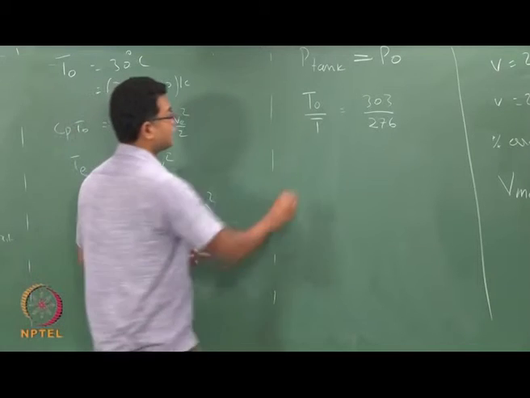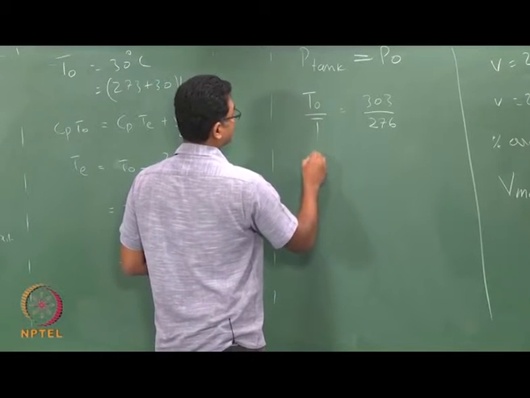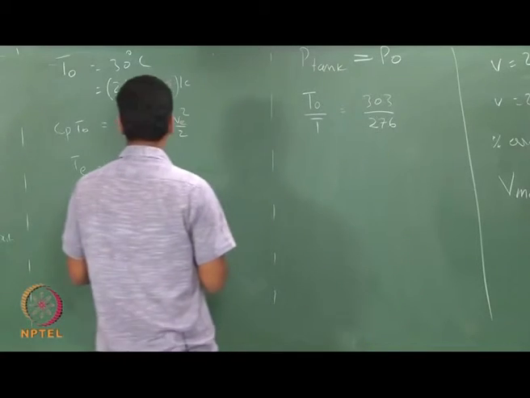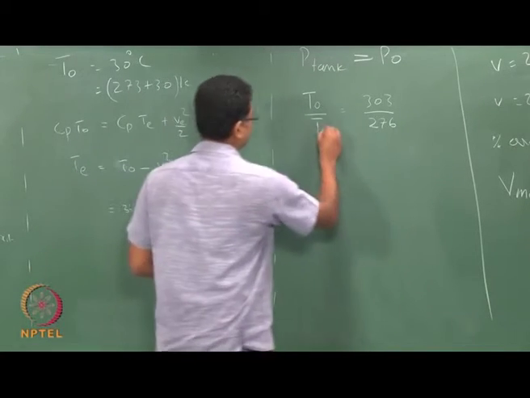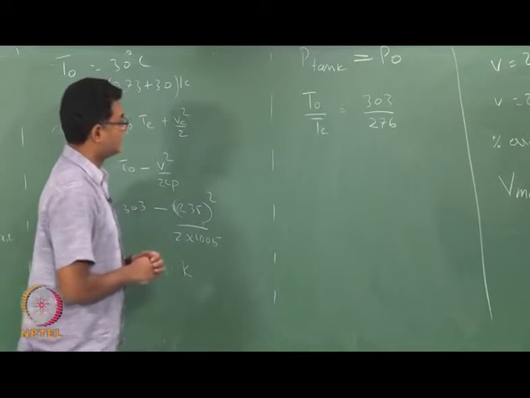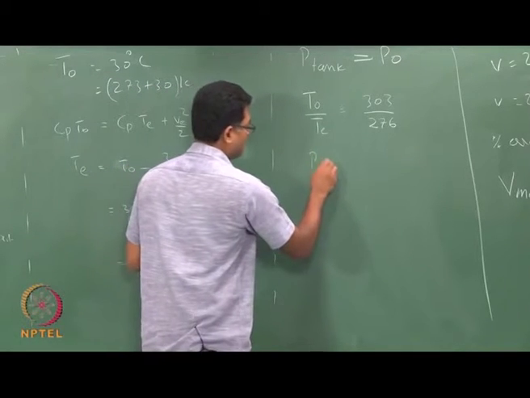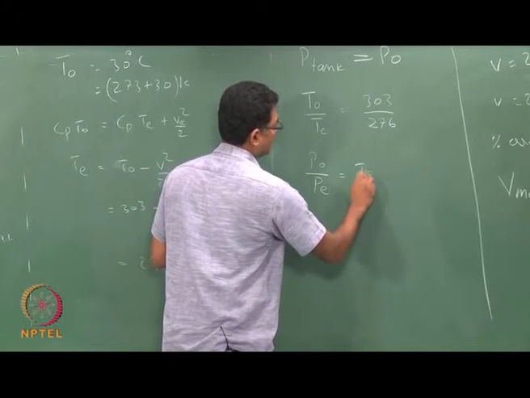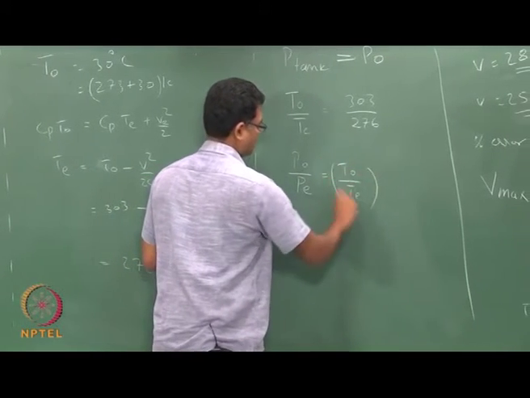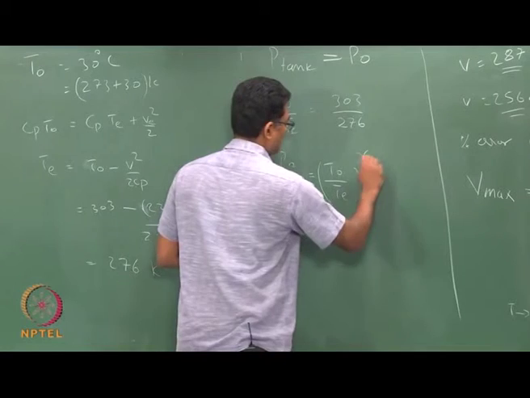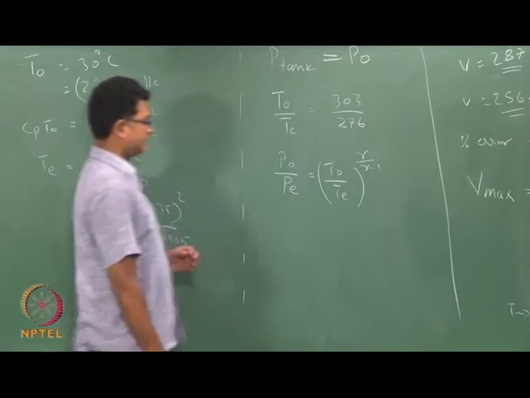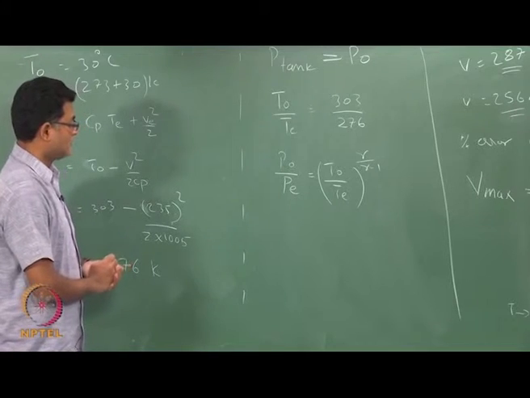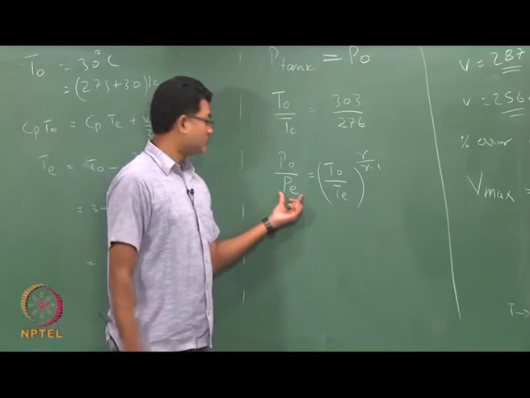Now, this is related to your pressure. So, this P is at the exit, T at the exit. So, your P0 by P exit is related to gamma by gamma minus 1. Now, what is P exit? What is P0?